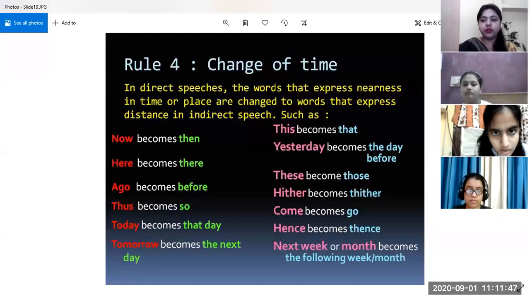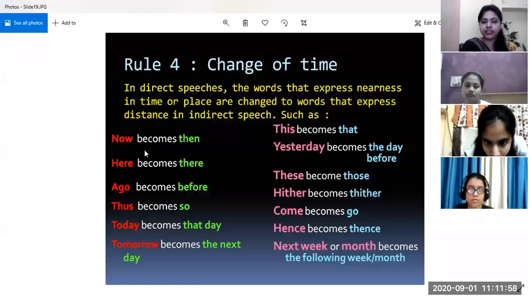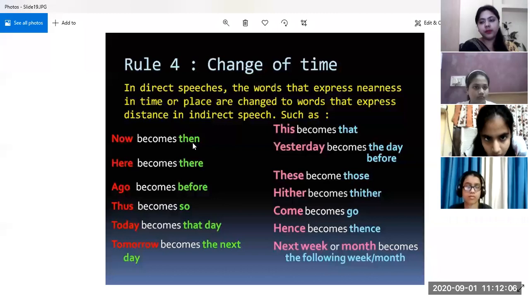Now let us look at the rule of time. How does the time change, and what do we mean by time? Suppose there is a now given in the sentence, in the direct speech. So now changes into then, and all these things you will have to memorize, or otherwise you will not be able to do it.